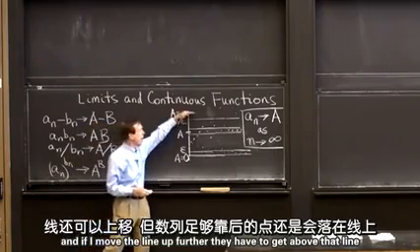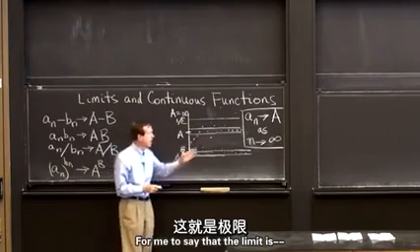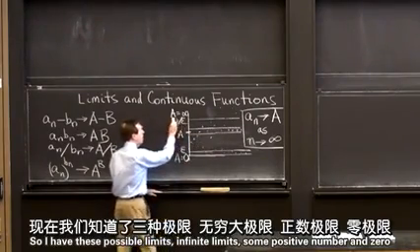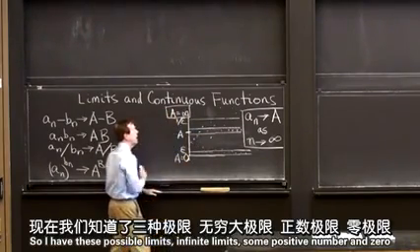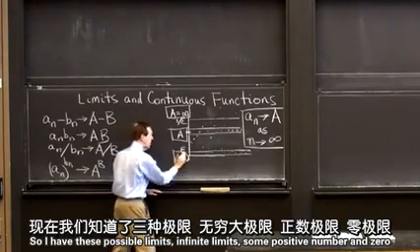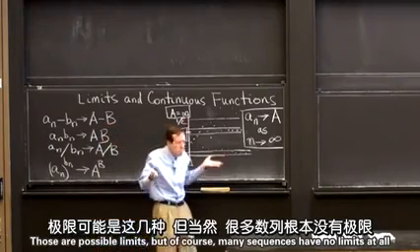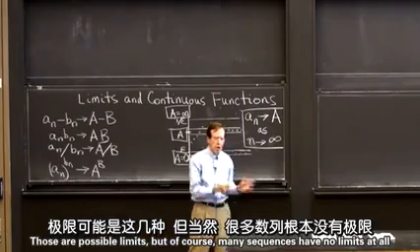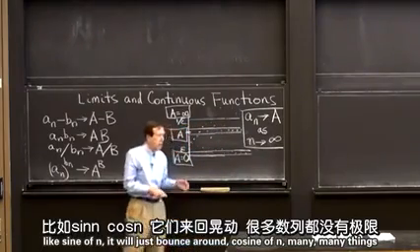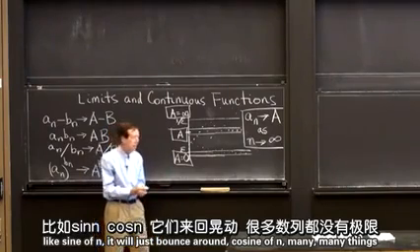And if I move the line up further, they have to get above that line for me to say that the limit is infinity. So I have these possible limits: infinite, some positive ordinary number, and 0. Those are possible limits, but of course many sequences have no limit at all. Like sine of n, it will just bounce around, cosine n, many things.